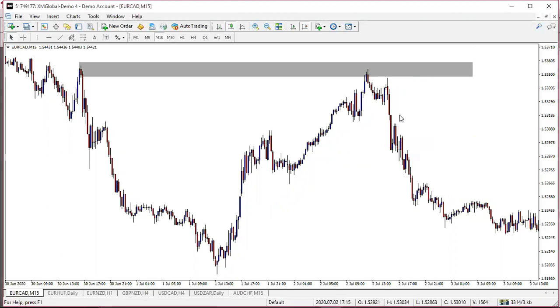It was in an uptrend. It's going up, printing higher highs, higher lows. Now, if you look at this, it's rejected here. This is probably where our take profit would have been, on this low.